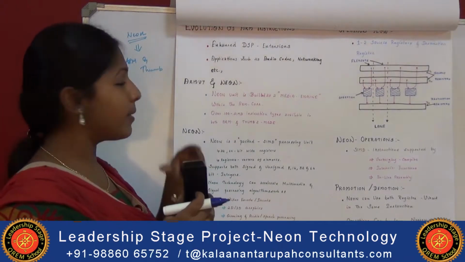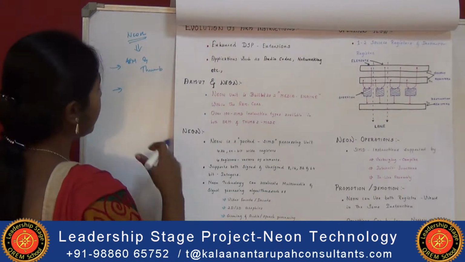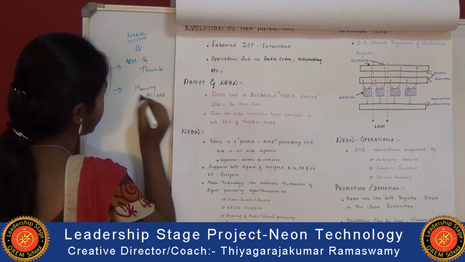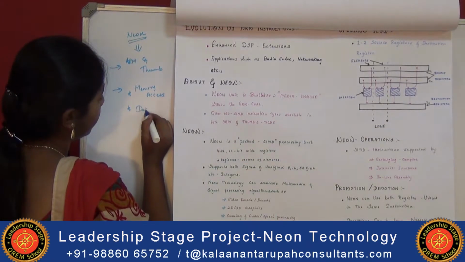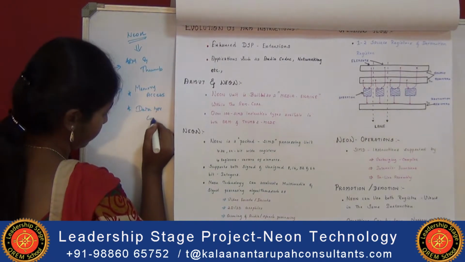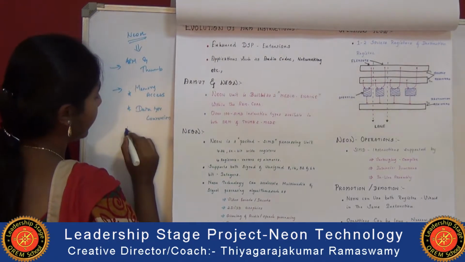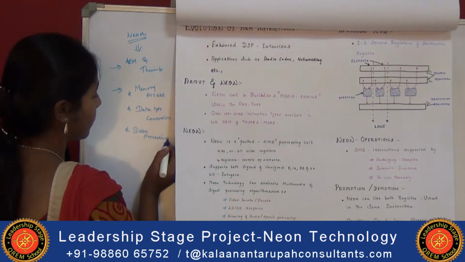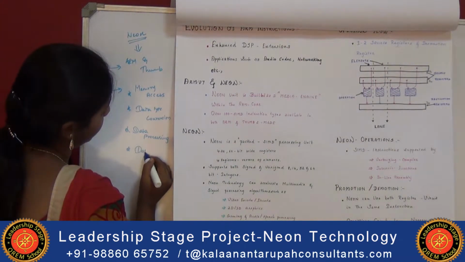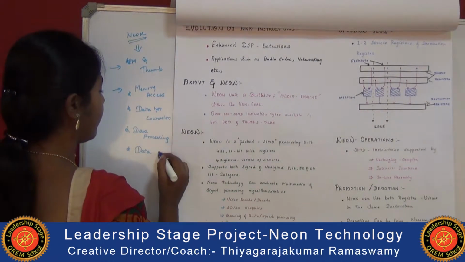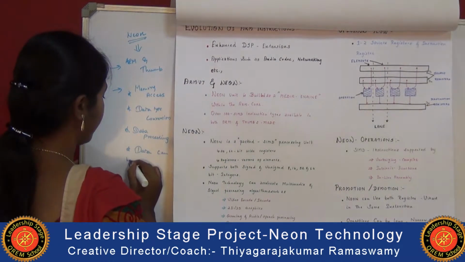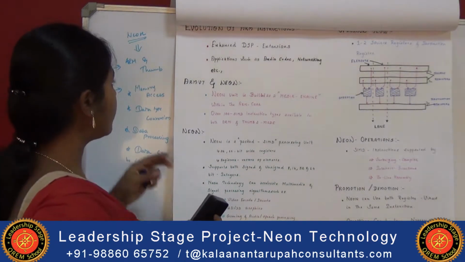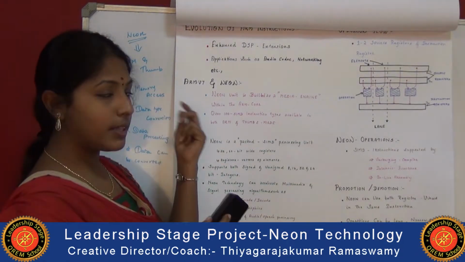First, the Neon instructions can perform memory access and data type conversion, then data processing, and then data can be converted from Neon to general purpose registers. These are the things done by Neon instructions.